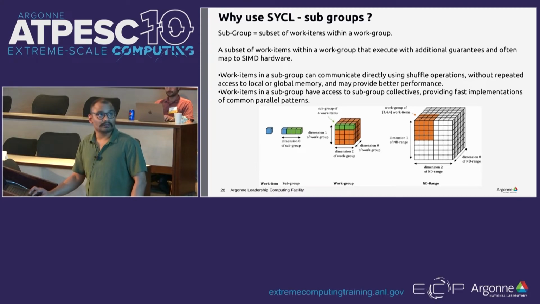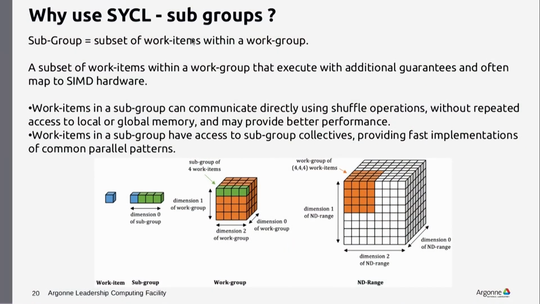One more thing about subgroups is, why bother using subgroups? It's again the same question as why bother using warps? If you have an answer for that, this slide is particularly redundant. So this is just another view of the hierarchy. You have a work item, a collection of work items forms a subgroup, a collection of subgroups becomes a work group, and the entire thing is an ND range. So you can think of this as thread, warp, block, and grid.